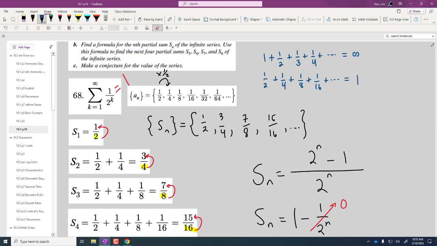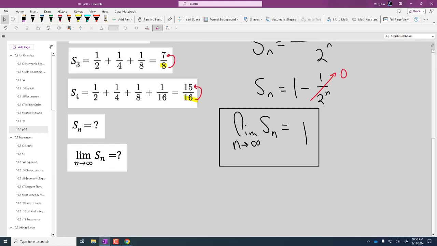If the terms aren't going to 0, then we know we have divergence. For example, if we're adding the positive integers together, 1 plus 2 plus 3 plus 4 plus 5, those terms are not going to 0, so we know that series diverges. It does not converge to negative 1/12. It must diverge.